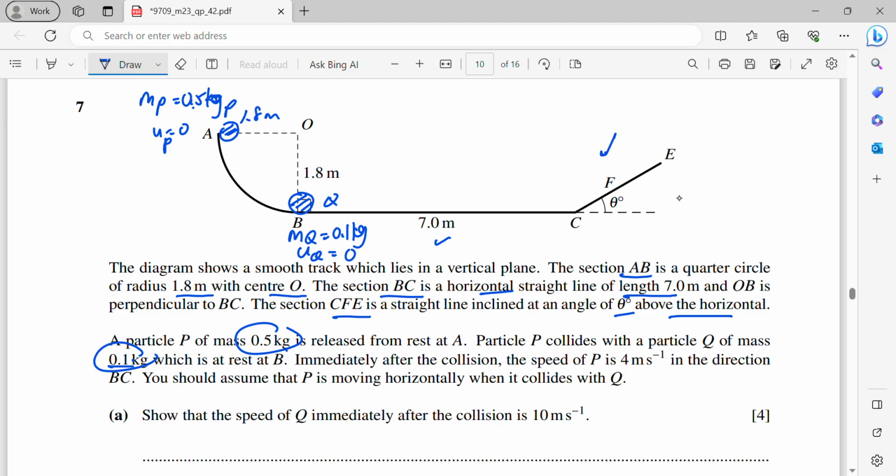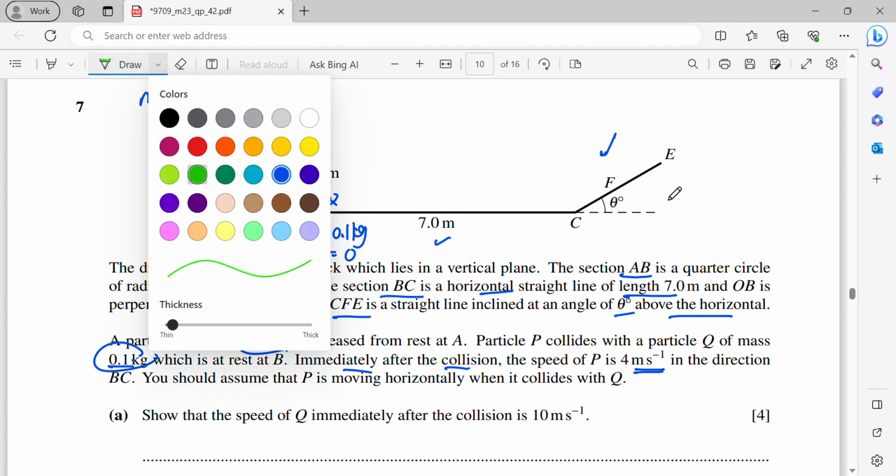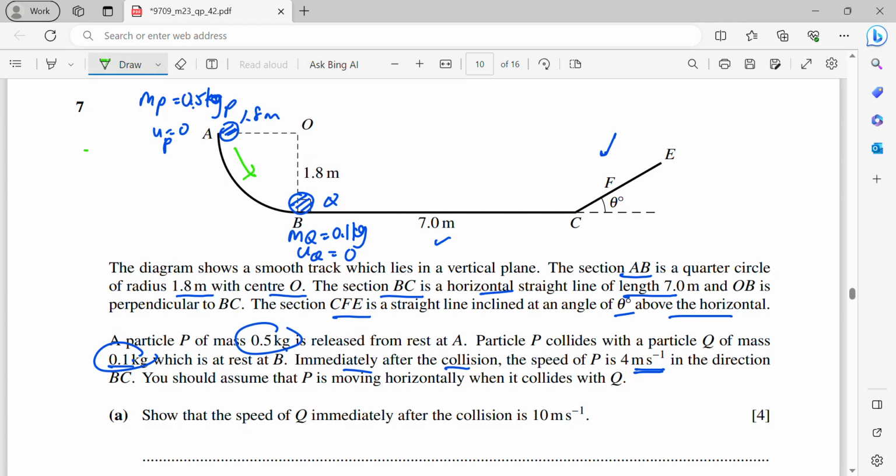Alright, now immediately after the collision, the speed of P is 4 meter per second. So after it collides with Q, V_P is 4 meter per second.